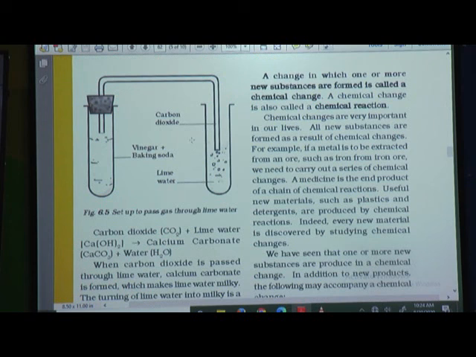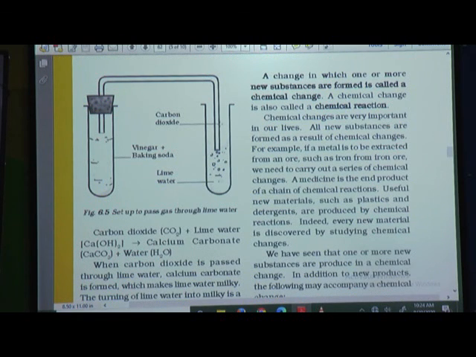So here the reaction is given: CO2 plus lime water gives calcium carbonate. Before addition of CO2, the test tube has only lime water, but when CO2 is passed from the first test tube to this second test tube filled with lime water, that solution turns into calcium carbonate.